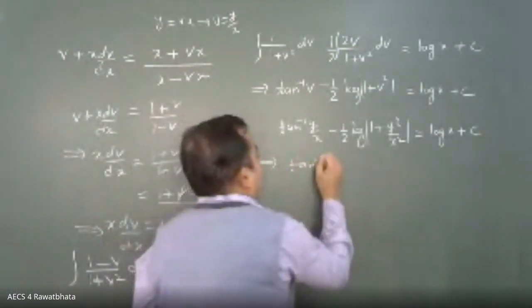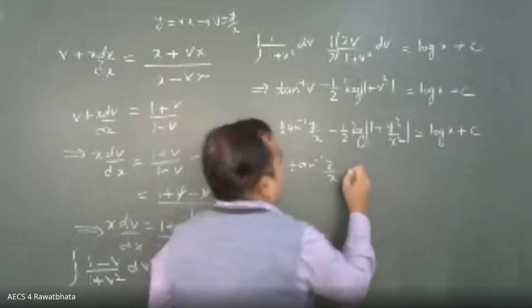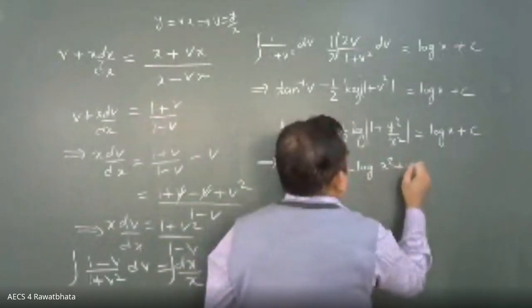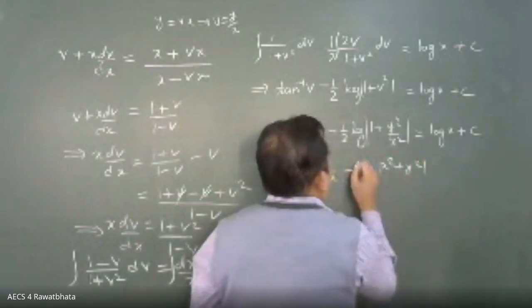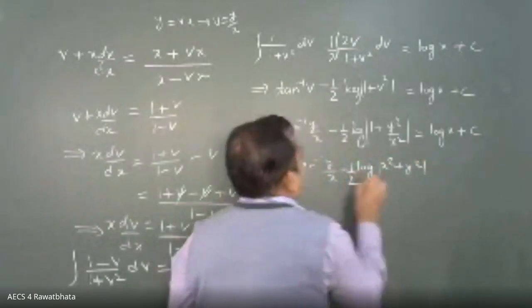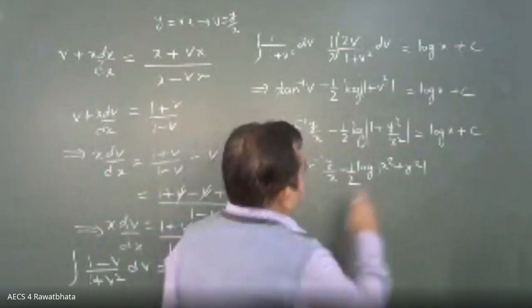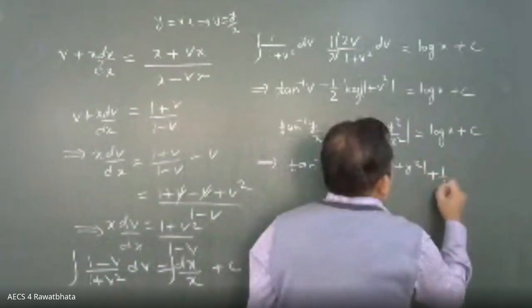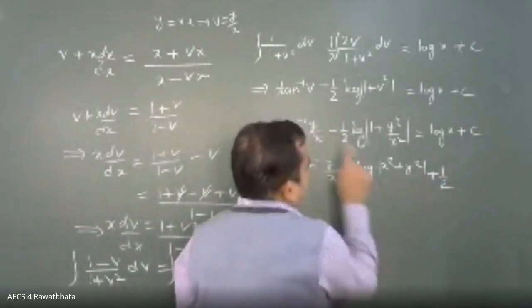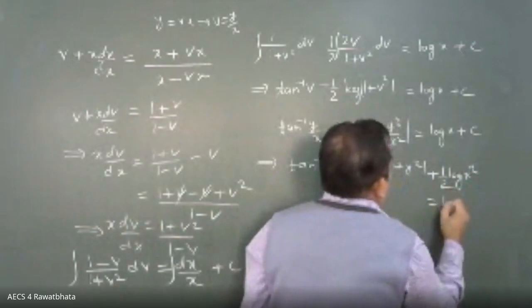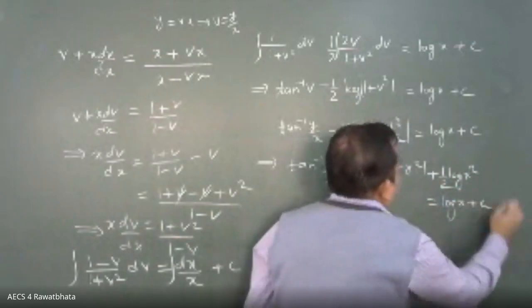So it will become tan inverse y upon x minus log x square plus y square, minus half. And here log a minus log b is log a upon b. That I am going to do. So minus minus plus half, because outside it was minus sign. So minus minus plus half log x square equal to log x plus c.